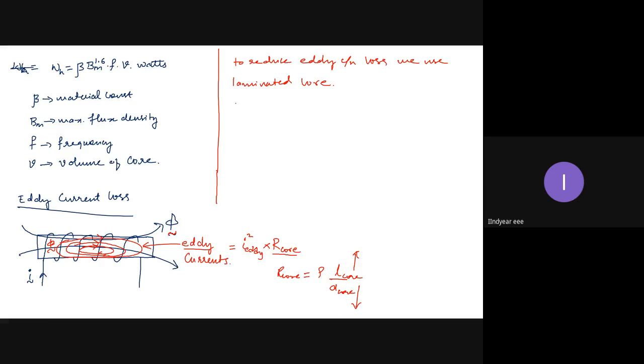Now, the eddy current losses are given by WE equals some eta, a material constant again, Bm square, F square, T square into V, watts. Where eta is the material constant, Bm is the maximum magnetic flux density, F is frequency, V is volume of the core, T is thickness of the core.